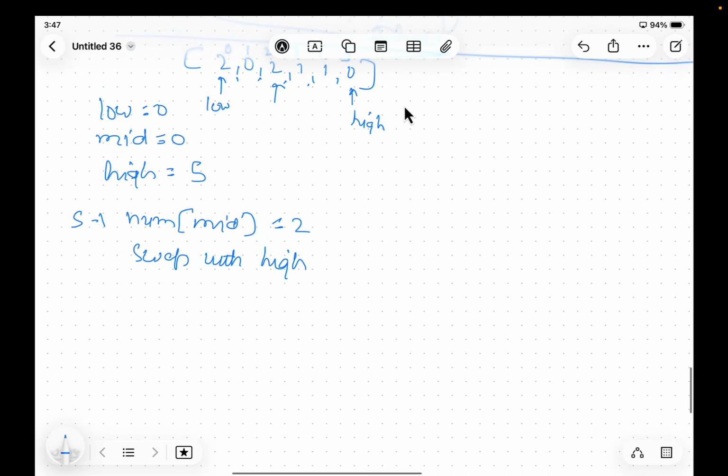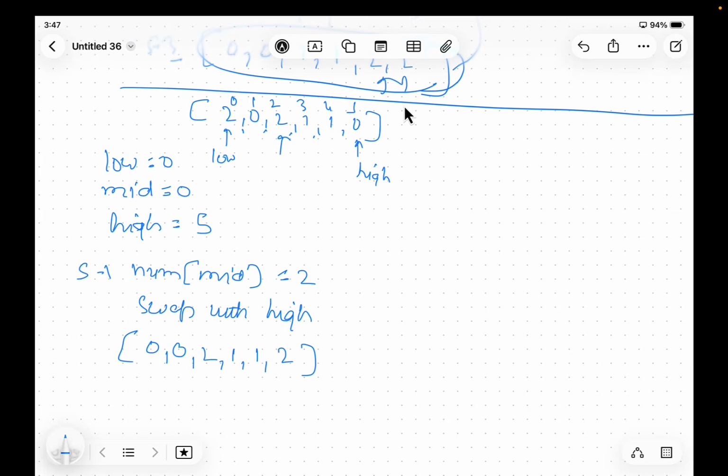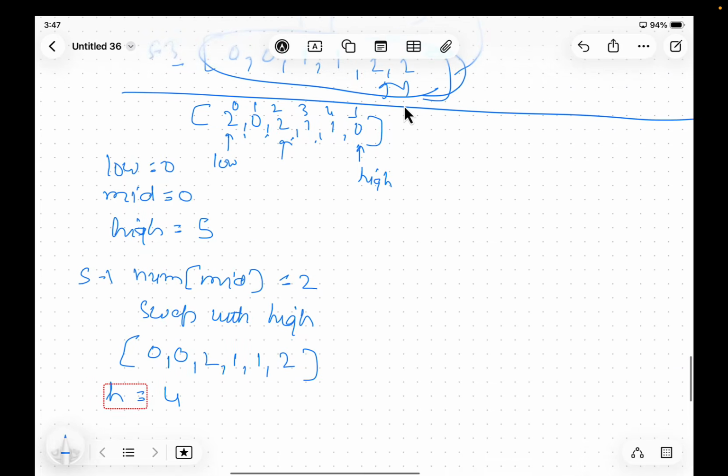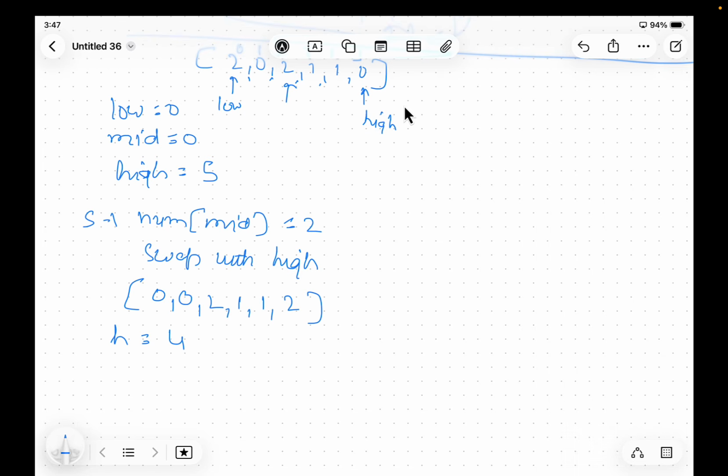So what will be the answer now? 0, 0, 2, 1, 1, 2, correct? I have swapped this. And now high will become 4, because when we are swapping we have to move high towards the left. So high becomes 4 and mid stays at the same place.